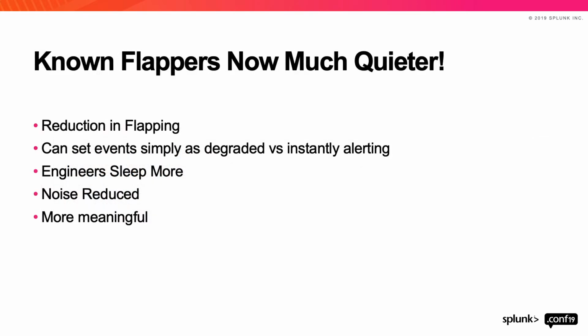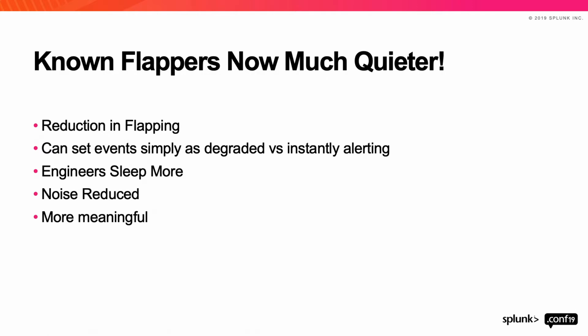You can do this today in the multi-KPI alert. That's exactly what the functionality is. But guess how many KPIs it operates on? One. So if I have 1,000 KPIs in the environment, you're not creating 1,000 multi-KPI alerts, right? This is one correlation search that implements that logic across all the KPIs in the environment. And that's the whole point of the method, right? We just want to keep it simple.